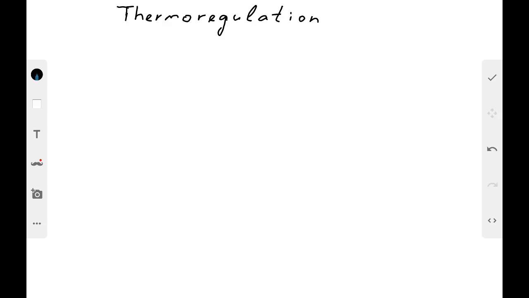That's why we will now draw the functional system of the optimal body temperature, and we will begin with metabolism, M, and we will show that metabolism is tightly linked with the optimal body temperature.